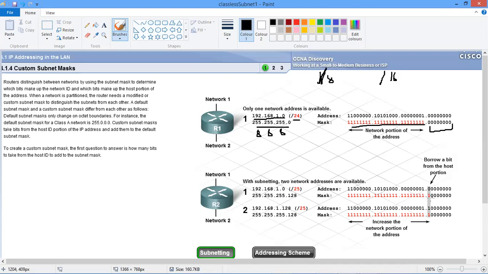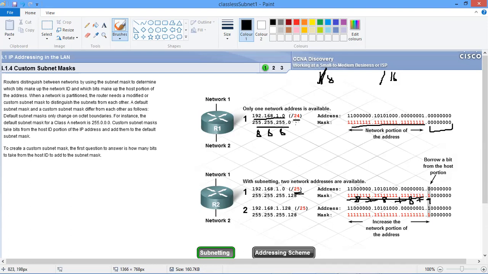If I decide to borrow one bit, to add to what I had before, it is now 25, because here is 8, here is 8, here is 8, 8 bits in total, plus one more bit. So 8 plus 8 plus 8 plus 1 gives 25.